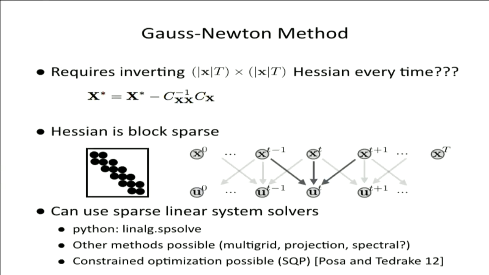But the problem is, in order to do this Newton step, does it require inverting this x by t by x by t Hessian at every iteration of your algorithm?